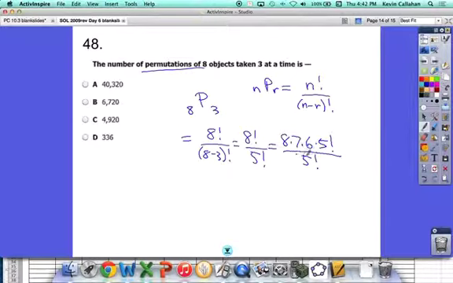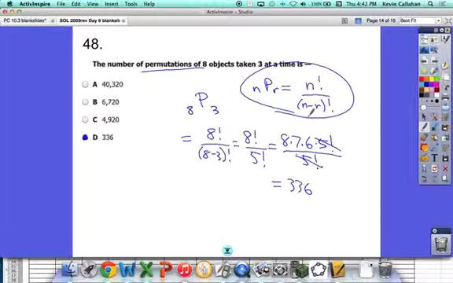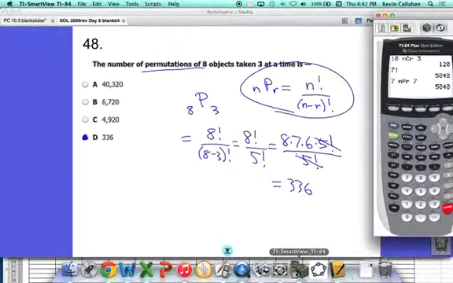Now you can cancel the 5 factorials, which means all that's left is 8 times 7 times 6, which is 6 times 56. 6 times 50 is 300, 6 times 6 is 36, so that's 336, which is here. But again, you're not likely to do that, even with this formula on the formula sheet, because you have a calculator that does it for you.